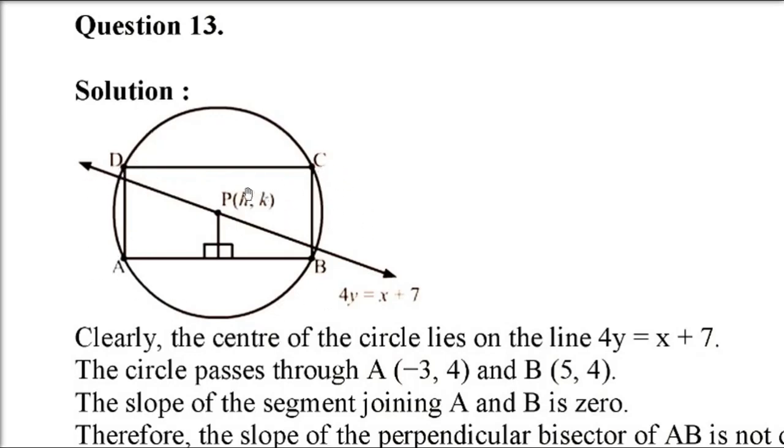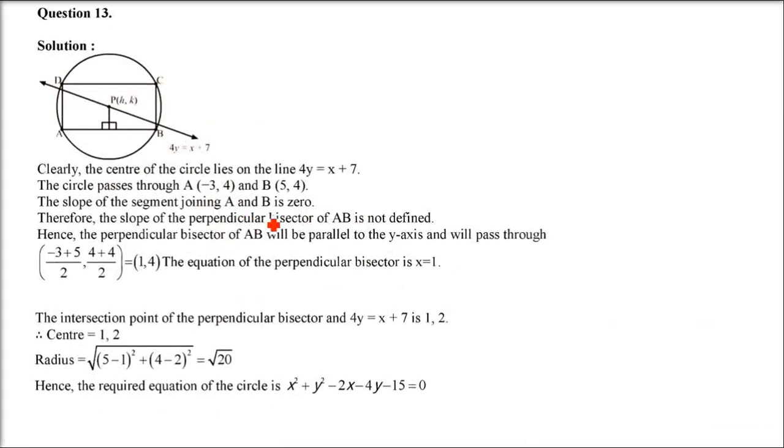And the center, which is HK, is lying on this diameter. So main thing what we have to do here is, see, this is a circle, this is a diameter, this is the center which is HK we are talking about.